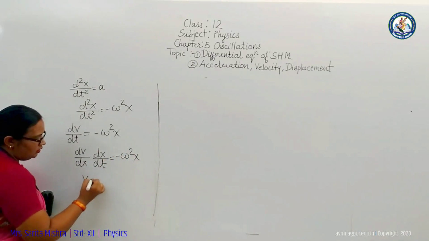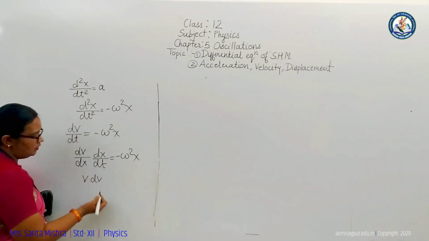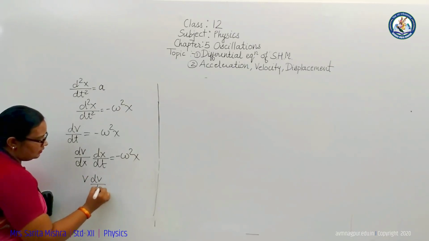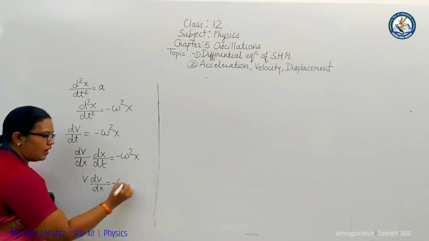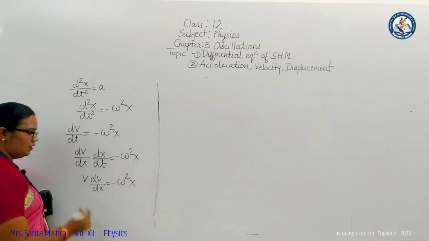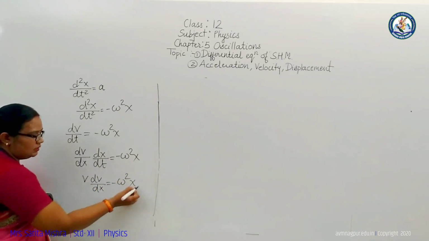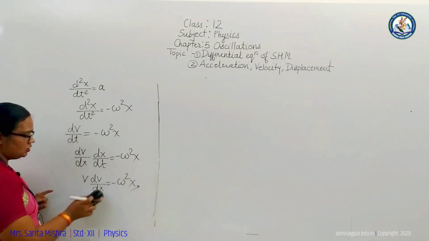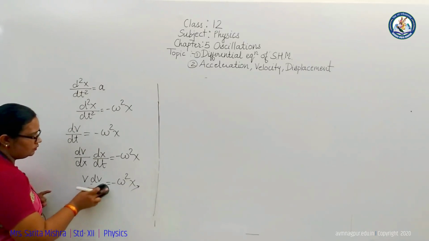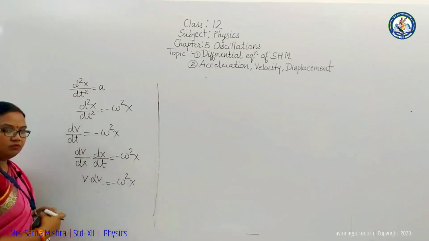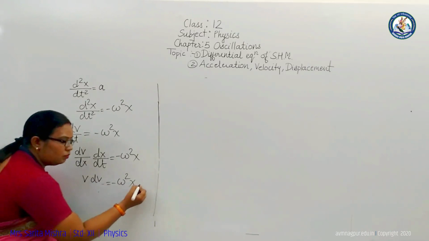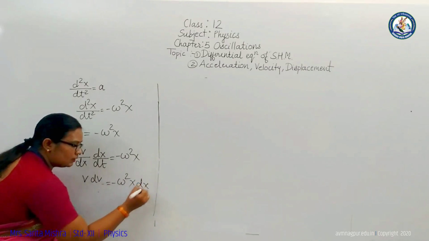So we can write v dv/dx equals minus omega square x. Now this dx goes to the other side, and we get v dv equals minus omega square x dx.